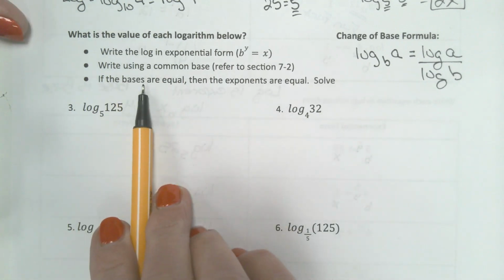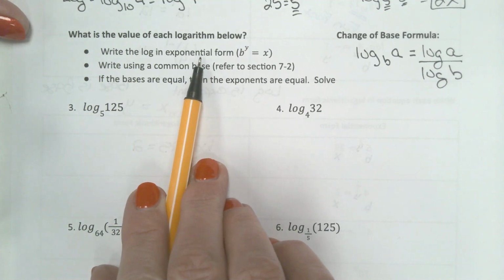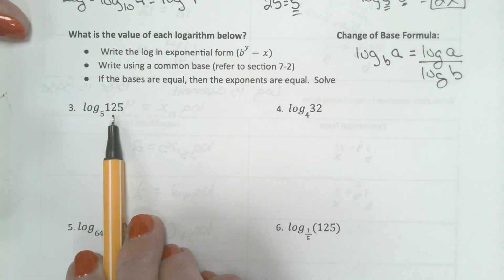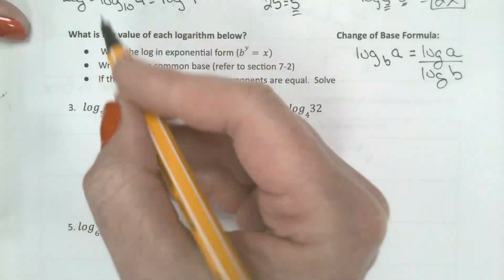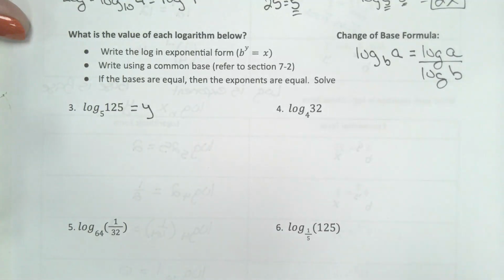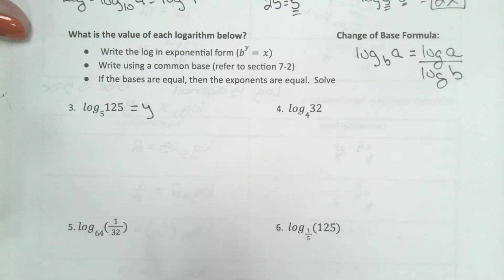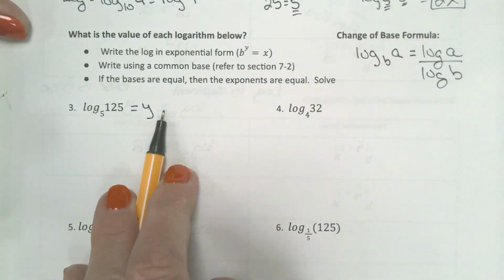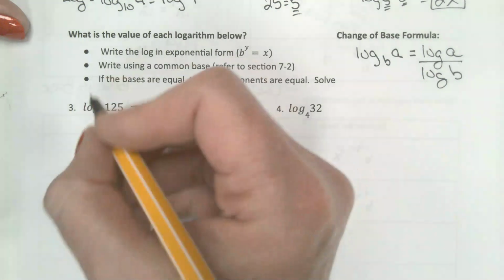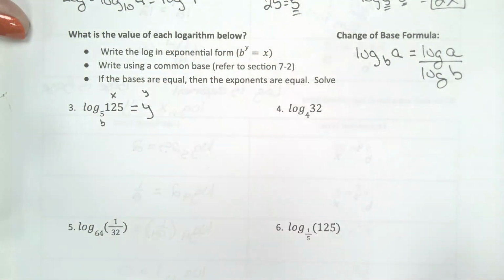So this is the first way. The first way is to change it and write it in exponential form. So we don't have what it equals. This is the one and only one time in your life where you're allowed to add in an equals y. So now that I have log equals y, all right, so this is my b, that's my x, and that's my y.